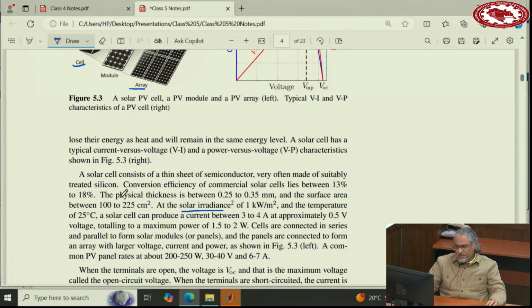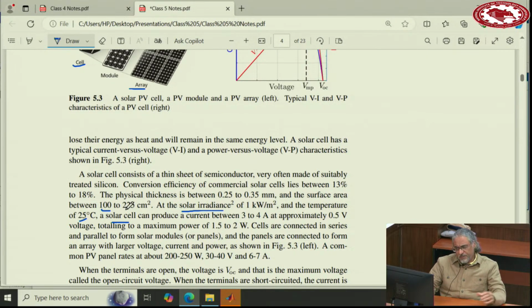So at the solar irradiance of 1 kilowatt per meter square, which is really a strong sun, and the temperature of 25 degrees, a solar cell can produce a current between 3 to 4 amperes at approximately 0.5 volt. So if you multiply together, you're talking about 1.5 to 2 watts for one solar cell. And that solar cell is, the size is this one, 100 to 225 square centimeters. So you can imagine how much that size of that cell is.